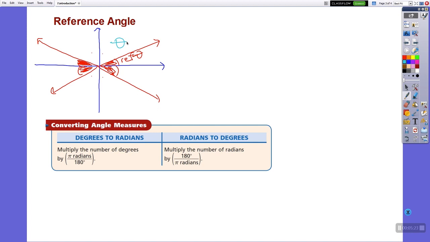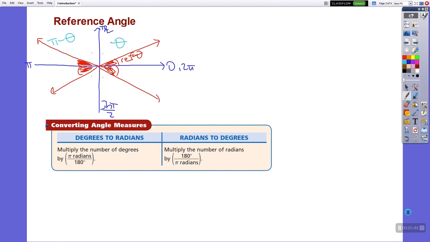In the second quadrant, your original angle is pi minus theta. Here is 0 degrees, here is pi over 2, here is pi, here 3 pi over 2, and here 2 pi.